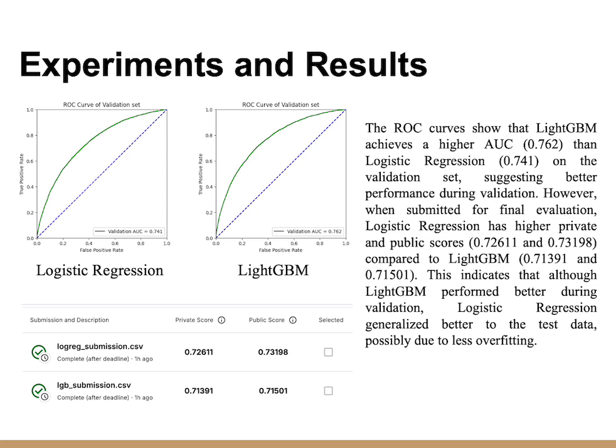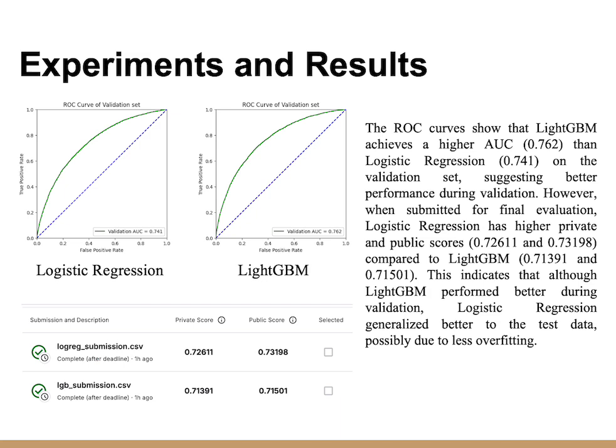From the experiment results, the ROC curves show that LightGBM achieves a higher AUC than logistic regression on the validation set, suggesting better performance during validation.